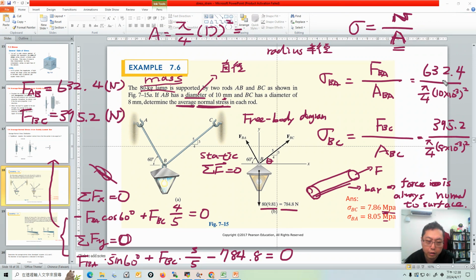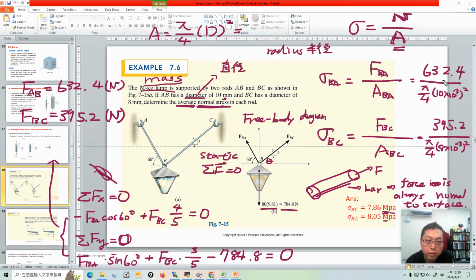For AB: 10 times 10 to the power minus 3, squared, times pi divided by 4, and the normal stress BA is 8.056.